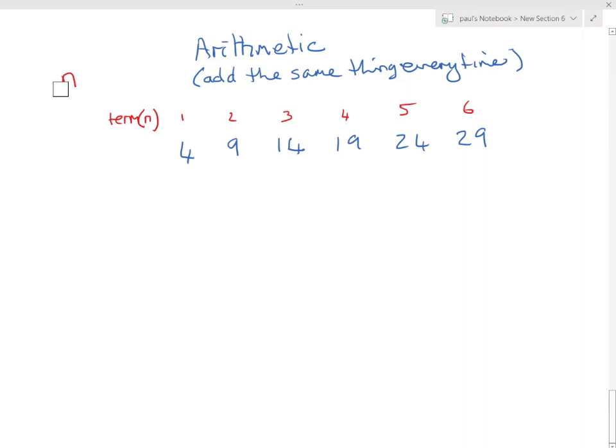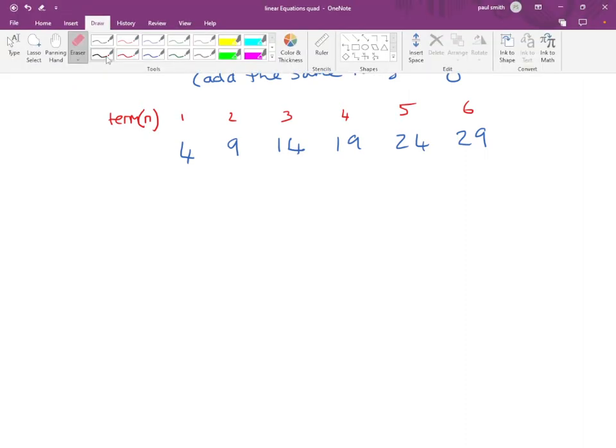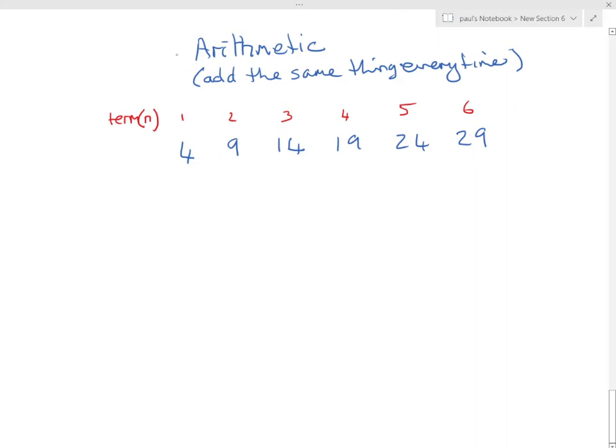Now, what we have to do in this case is we have to find a rule, not start with 4, add 5, but we would have to find a little algebra expression so that we can work out any term, any number in the sequence for any term. So if we had the 100th term, we know that we've got to add 5 each time, but it would take far too long to go add 5, add 5, add 5, add 5 to find out what the number in the sequence is for the 100th term.